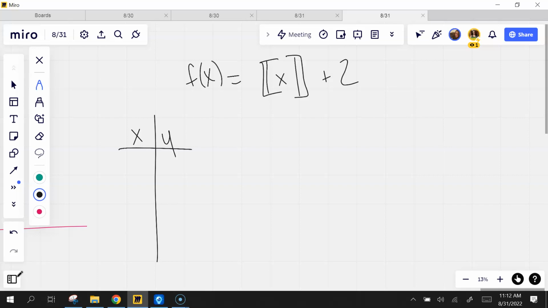So let's start plugging in some values. Specifically, probably some decimal values because I know it's got a greatest integer function in here, and that's where crazy things are going to start happening, right? So I'll do a whole number. Let's do the same ones first and see what happens.